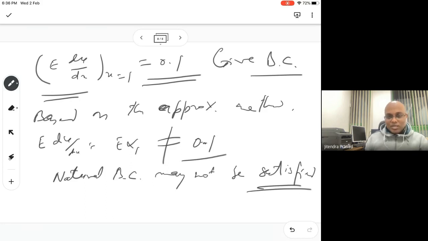So this is not a one-to-one correspondence, because here we have transformed the problem actually. So the problem is different, but the way you transform from strong to weak, in the same way we can also transform from weak to strong. So that's what I mean.